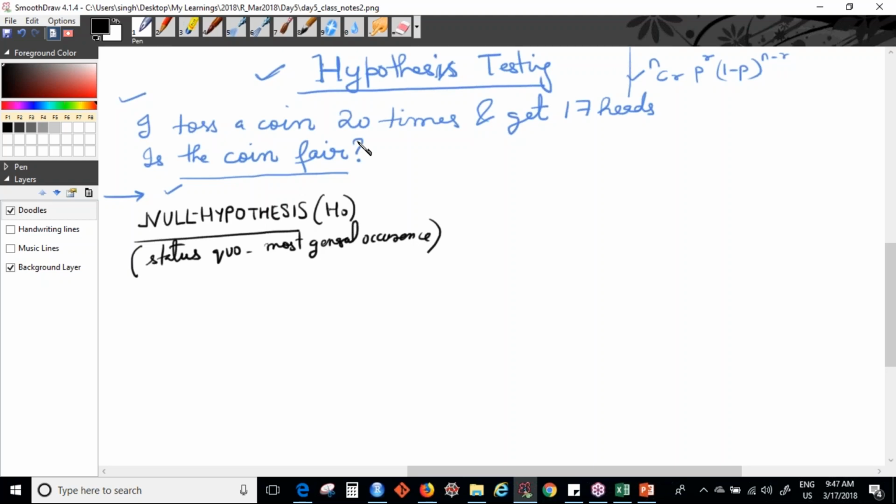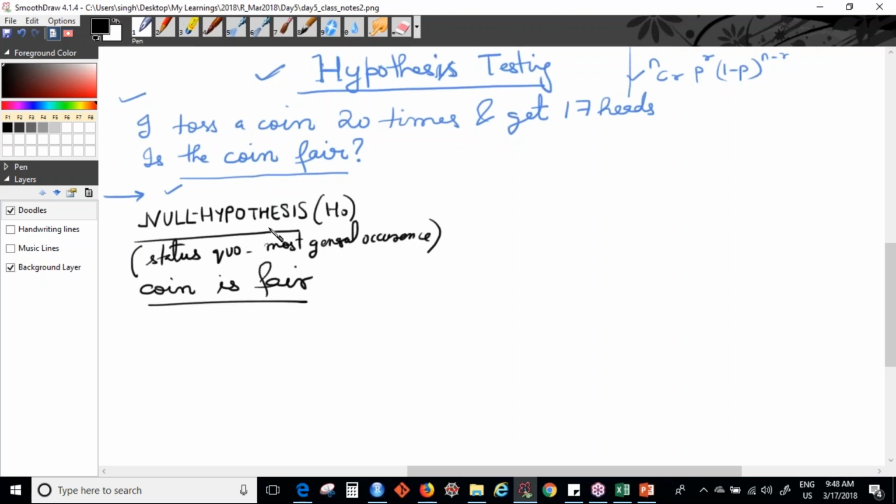Do you see a fair coin or do you see an unfair coin in the most general occurrence? In the most general occurrence, what is a coin? A coin is fair, right? So your assumption will be that the coin is fair. So this is my null hypothesis.